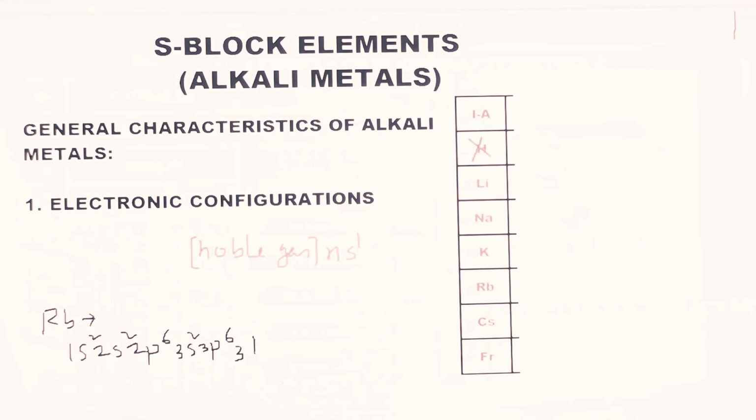So 3d10 comes. Next 4s2 4p6 5s1. This is the electronic configuration of krypton, so we can write krypton 5s1.